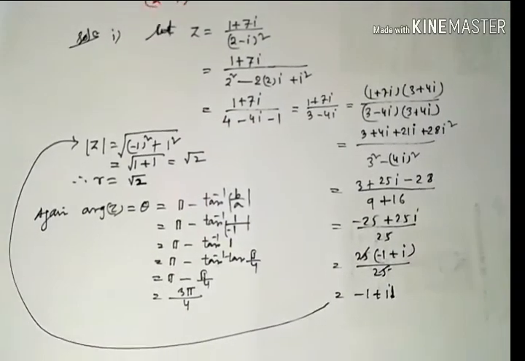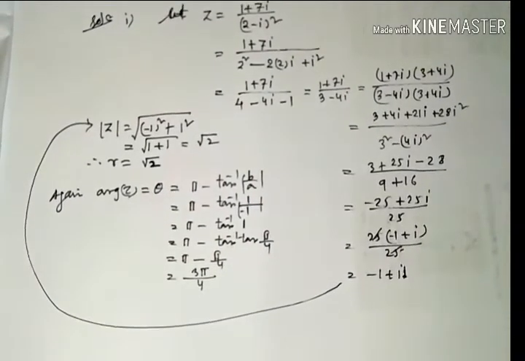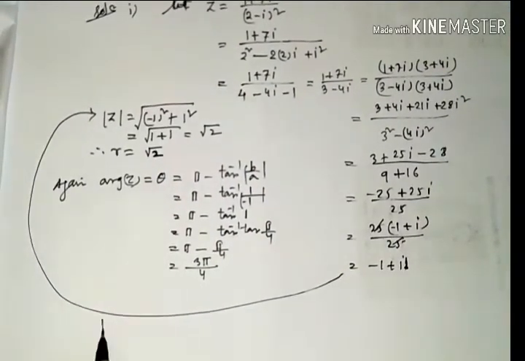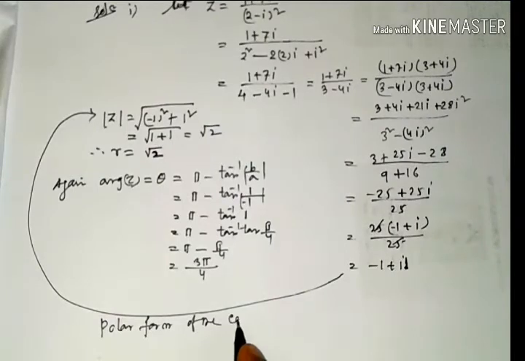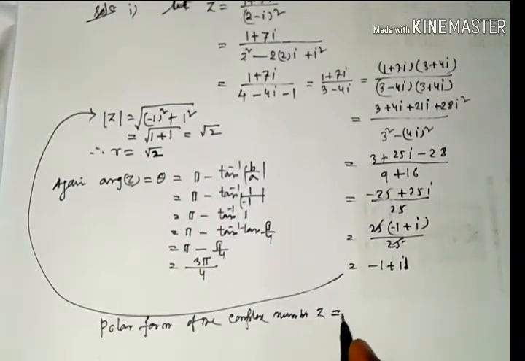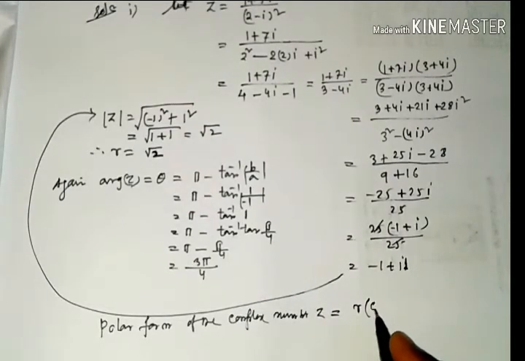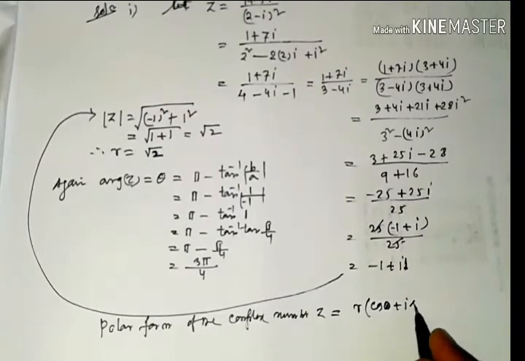Now what is the polar form? Polar form of the complex number z is equal to R cos theta plus i sin theta.